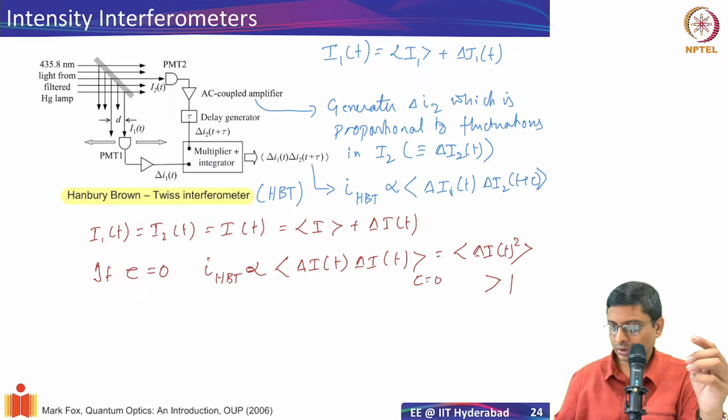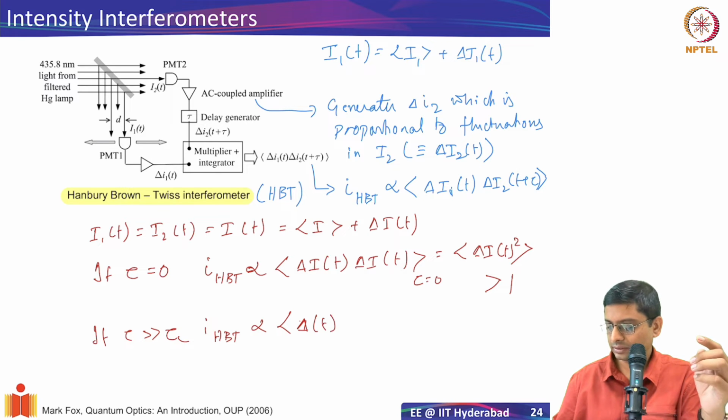Similarly, if tau is much larger than tau c. Okay. So now basically your current through the HBT is proportional to delta I of t into delta I of t plus tau.